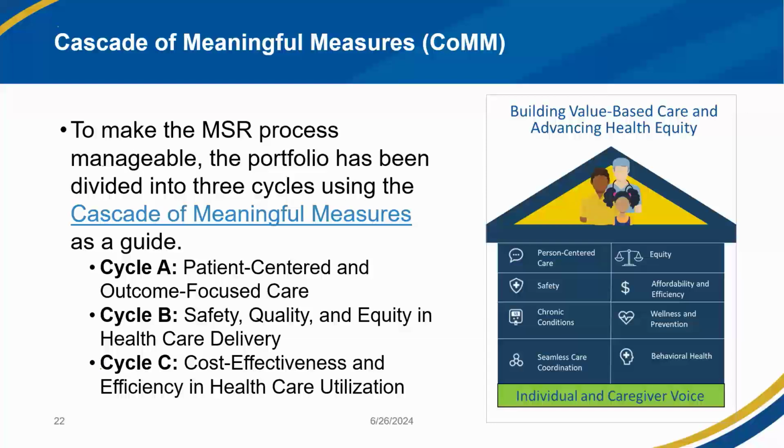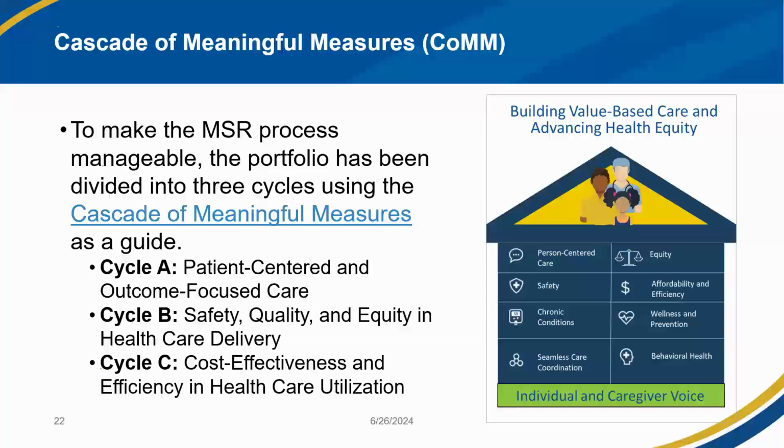But Battelle ultimately aims to strategically consider all measures that are used in CMS quality programs for MSR over the course of a 5-year period. They want to make the MSR process more manageable, and the portfolio has been divided into 3 different cycles using that cascade as a guide.